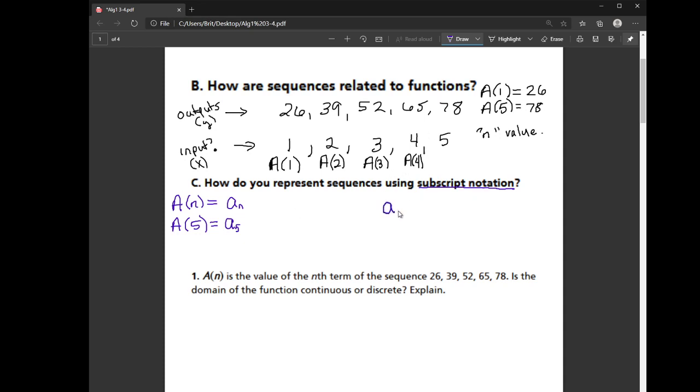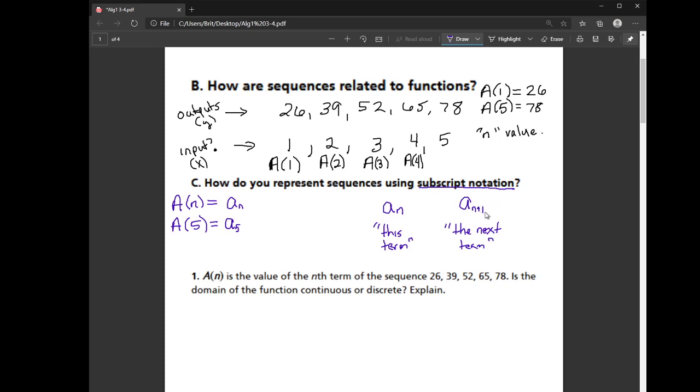If I'm talking about A sub n, I'm talking about this term. If I want to talk about the next term, I would talk about A sub n plus 1.